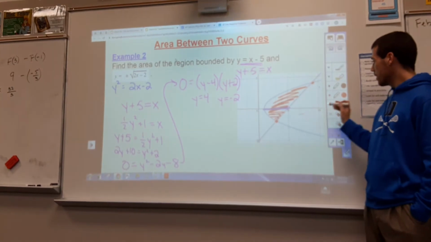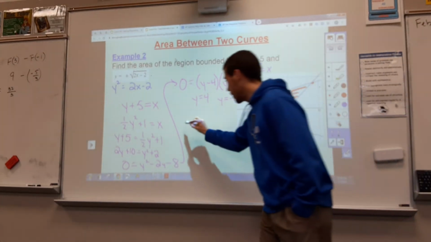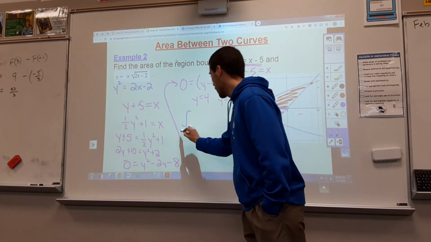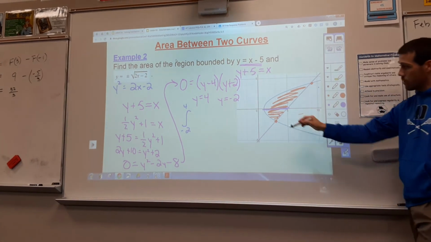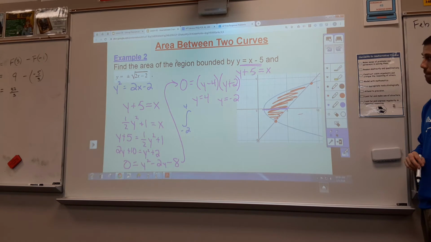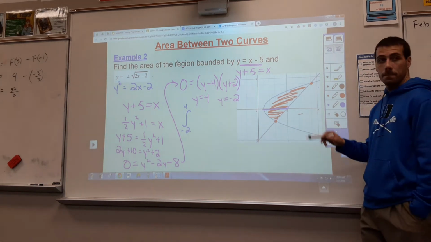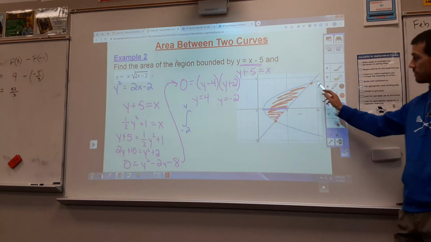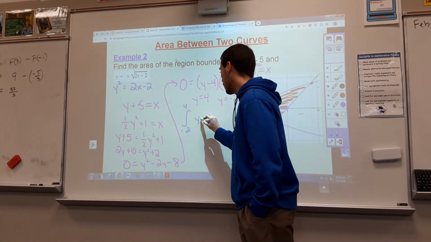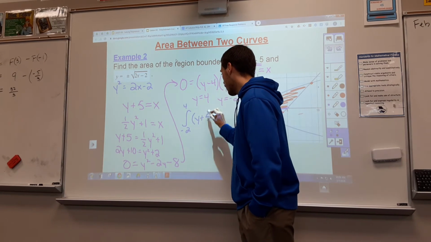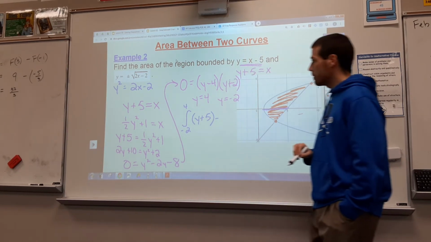So in this case, if I write my integral, it's going to go from -2 to 4. The function on the right is the line, so the y plus 5. And I'm going to subtract the one on the left.